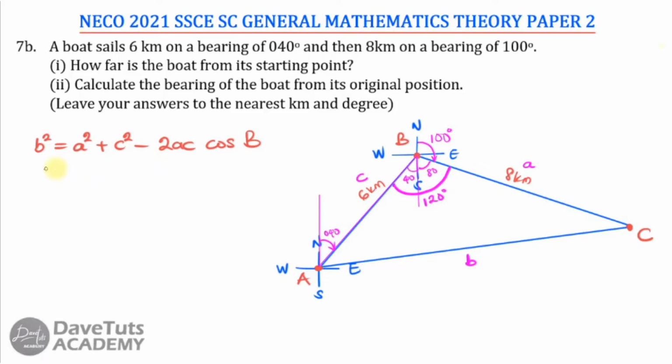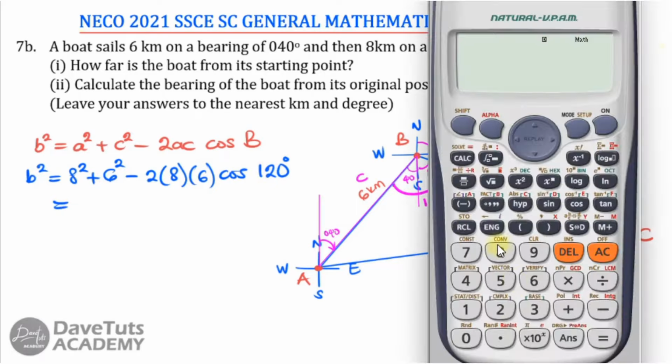If you just put in all those parameters, we can say b squared is going to be a squared, which is 8 raised to power 2, plus c, which is 6 raised to power 2, minus 2 times 8 times 6 cos of the angle at B, which is 120 degrees. So this is the square of b.